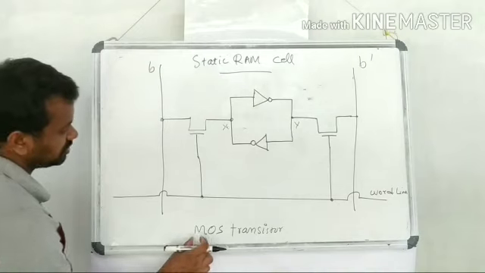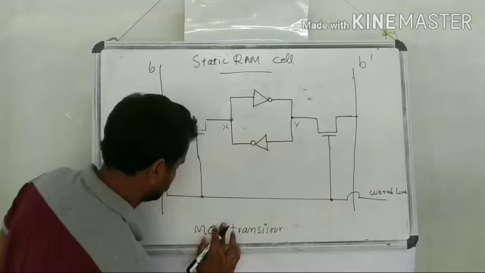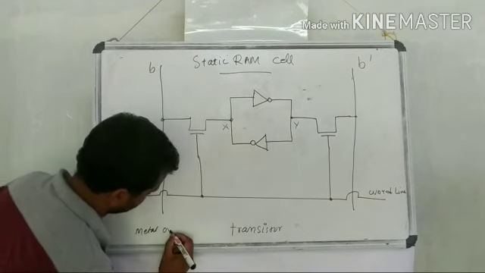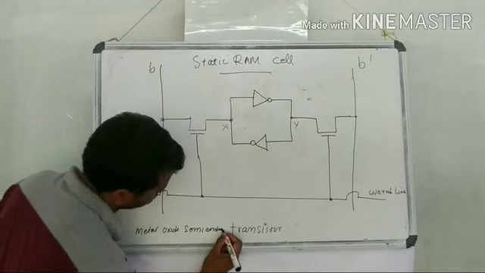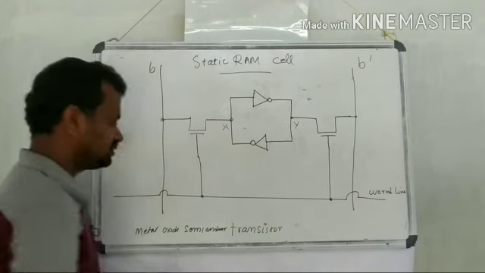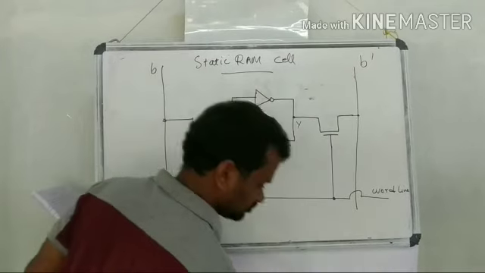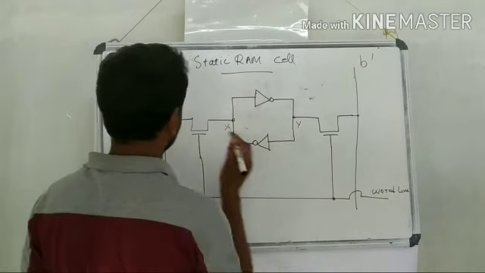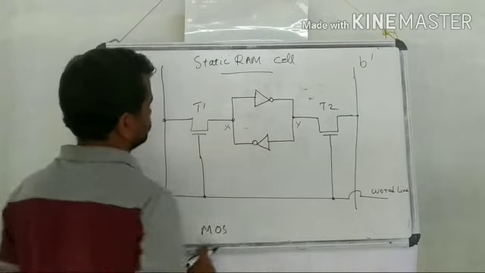MOS means metal oxide semiconductor. Simply, they are MOS transistors. So we have two MOS transistors, and we can call them T1 and T2.